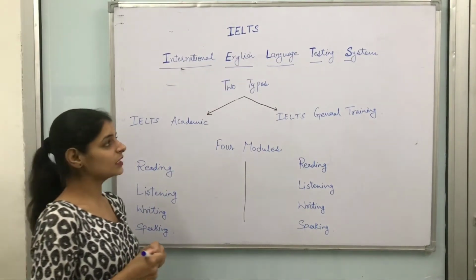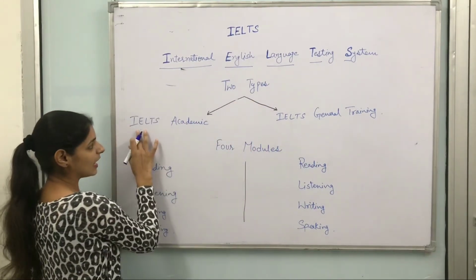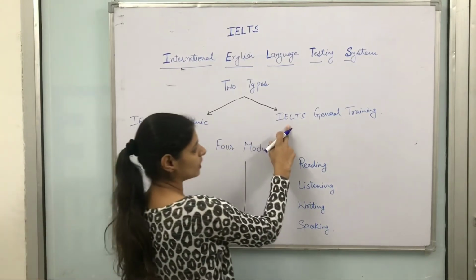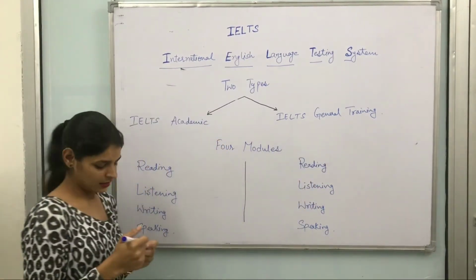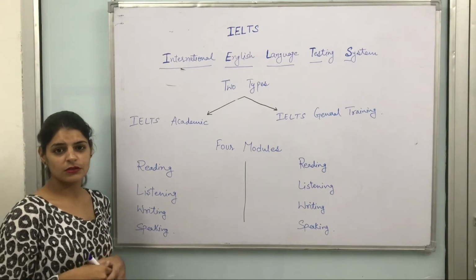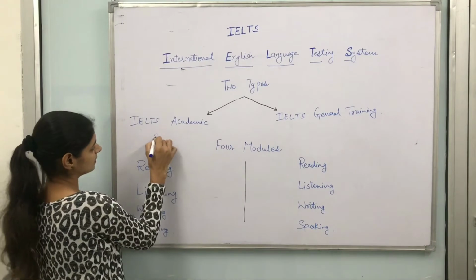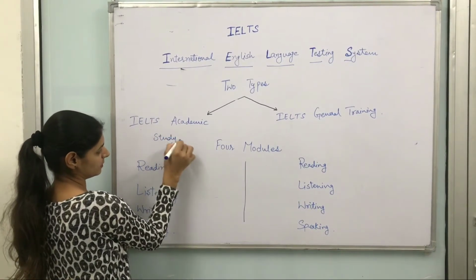Now comes the types of it. It has two types. The first one is IELTS Academic and the second one is IELTS General Training. Academic is for students who wish to study abroad, so this is for study purposes.